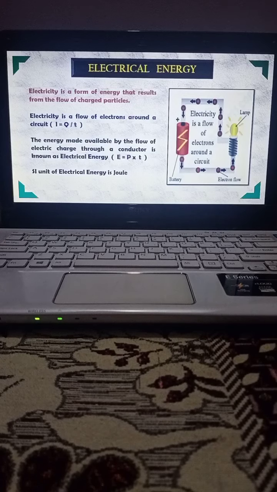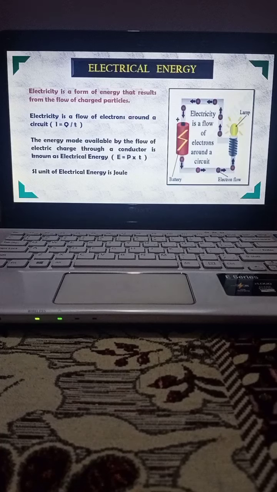So electricity is a form of energy that results from the flow of charged particles. It means that when a charged particle flows in a conductor from one terminal to another terminal, then electricity is generated.